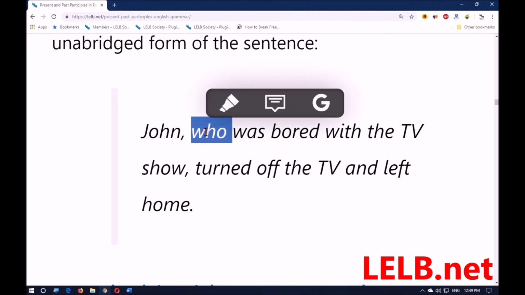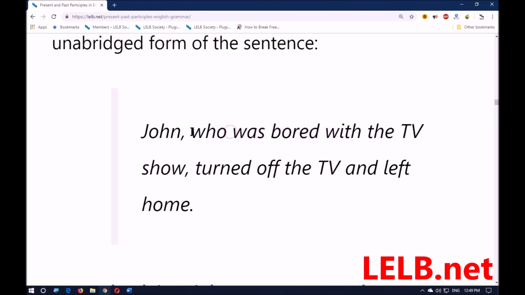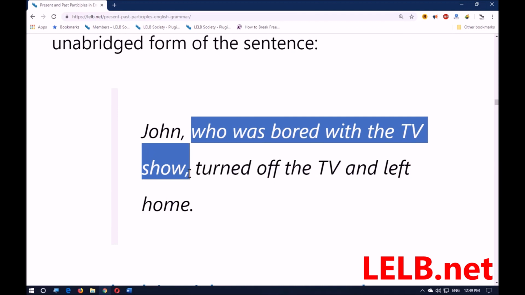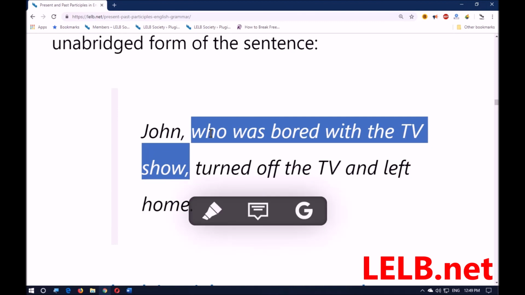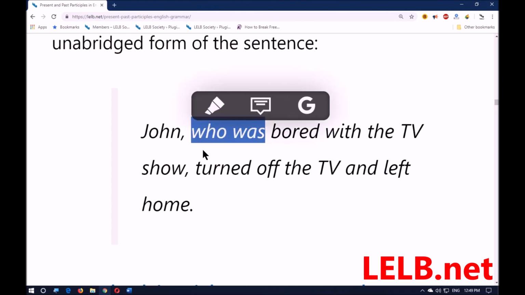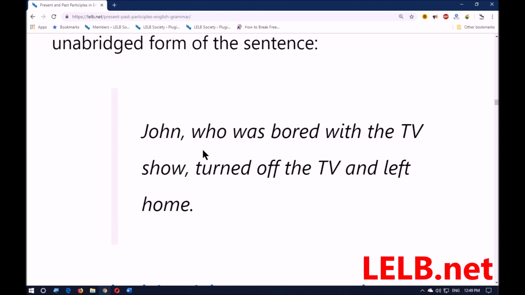So again, who is the relative pronoun, and who was bored with the TV show is an adjective clause giving some information about John. It is reduced to bored with the TV show, and who was is omitted in the reduced form. So a clause changes to a phrase.